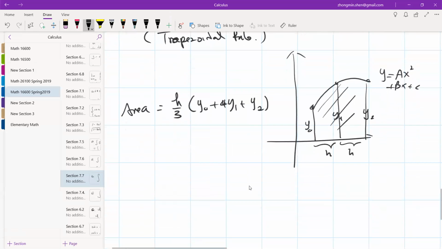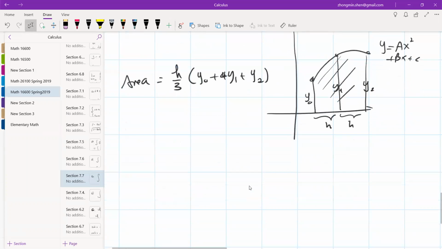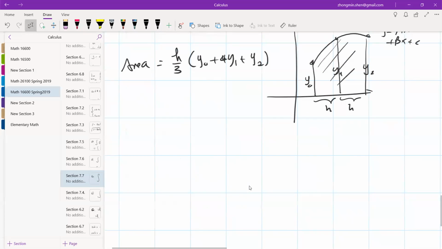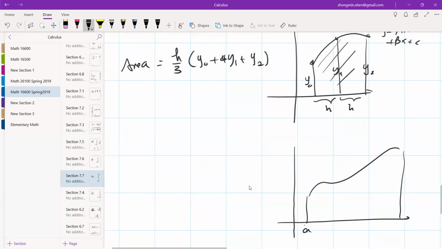Then you can figure out the area. Okay, so now we're going to use this picture to solve the problem. I think first of all we must have an even number of subintervals. So let's look at the picture. I'm going to choose this is A, that's B, because every time I have to choose a pair of them.